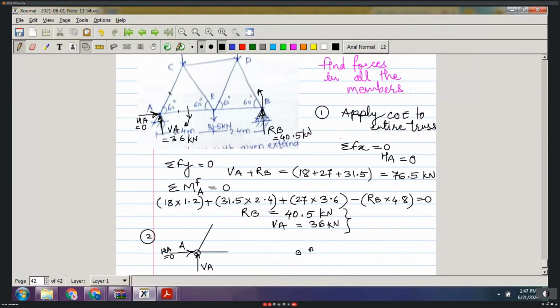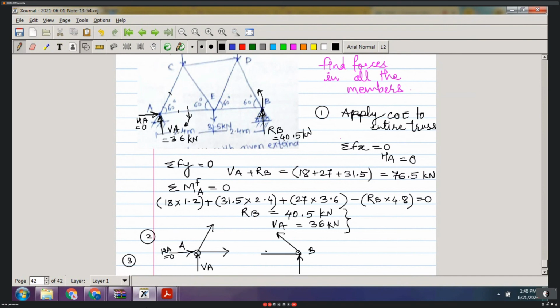If I draw B, then it will be RB. One member is like this and one member is inclined. Now condition number 3 we have to follow anyway. Along with that, what is our assumption? Initially assume that your unknown members are carrying tensile force.